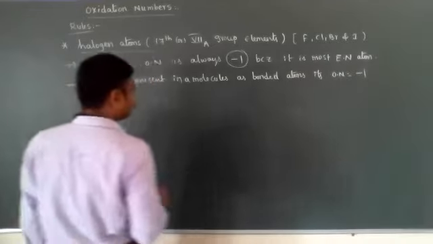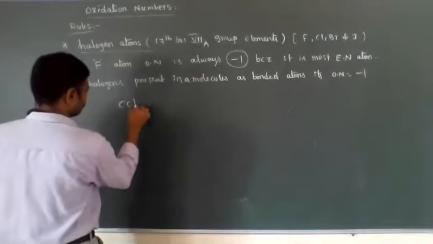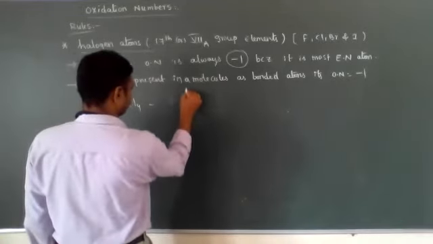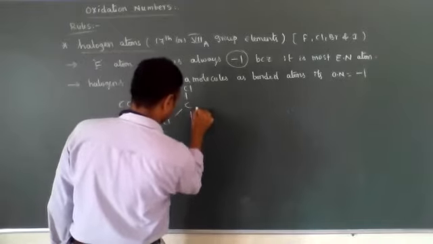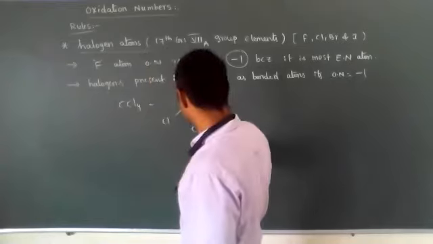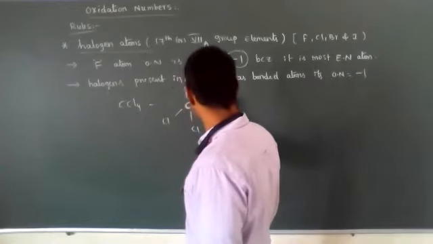See a simple example: carbon bonded with 4 chlorine atoms. The carbon is called the central atom. This is the central atom.